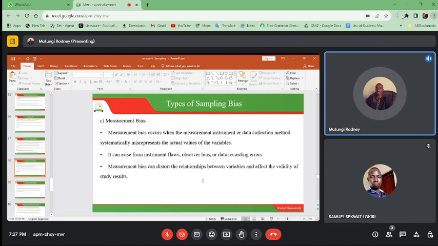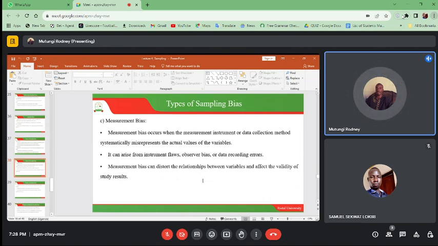The other one is measurement bias, whereby the data collection method, like we saw the other time, whether it is a survey, whether it is observation, whether it is an interview, whatever you are using can be not accurate enough to represent actual values.